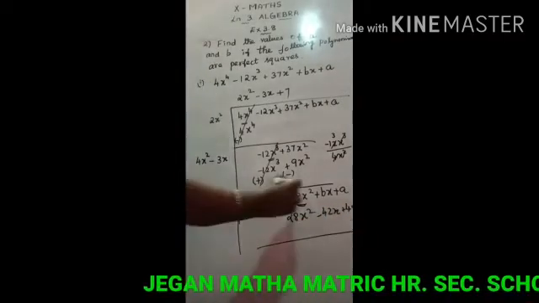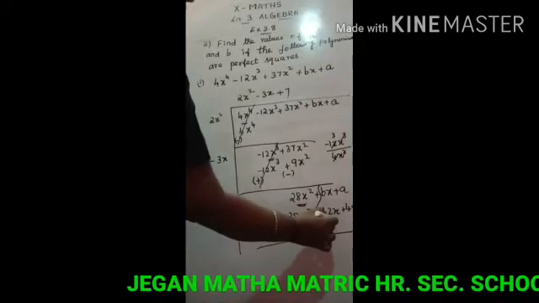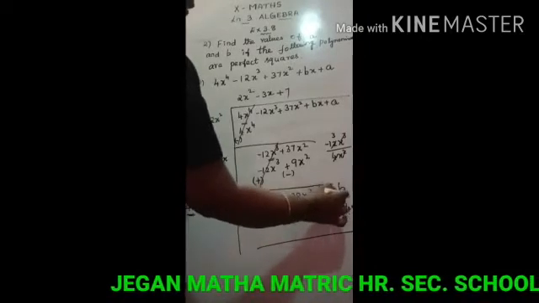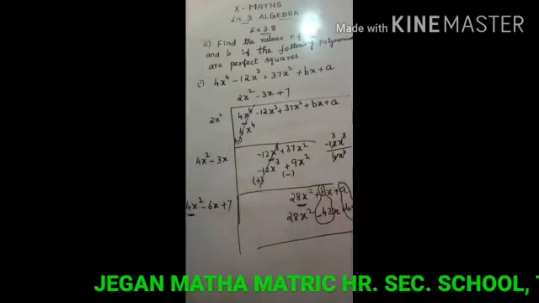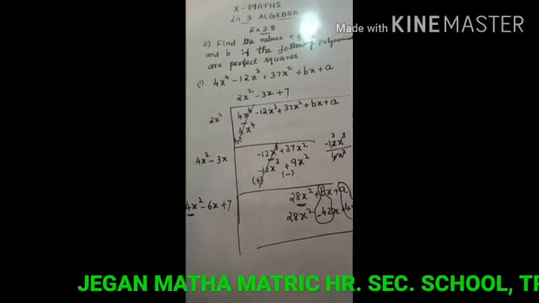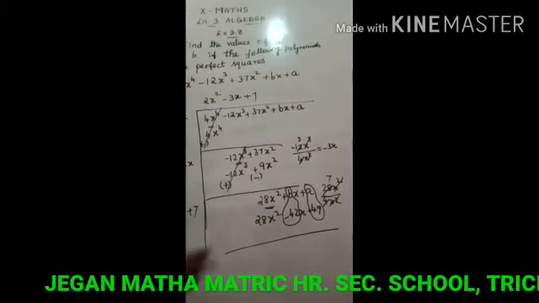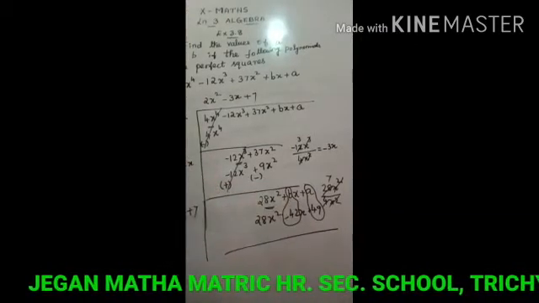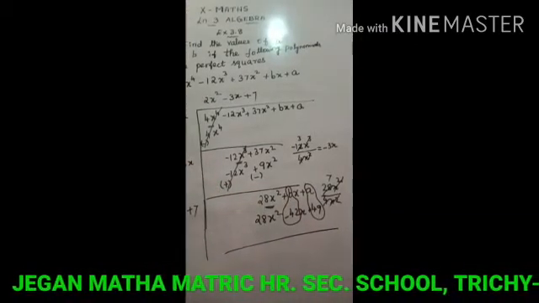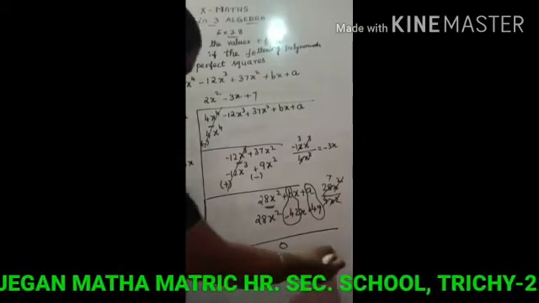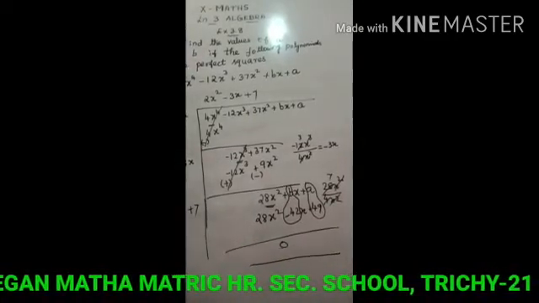So here the term b we have minus 42, then a we have 49. So the given polynomial is a perfect square. The value of b is equal to minus 42 and a is equal to 49. So then we substitute these values, we have 0.